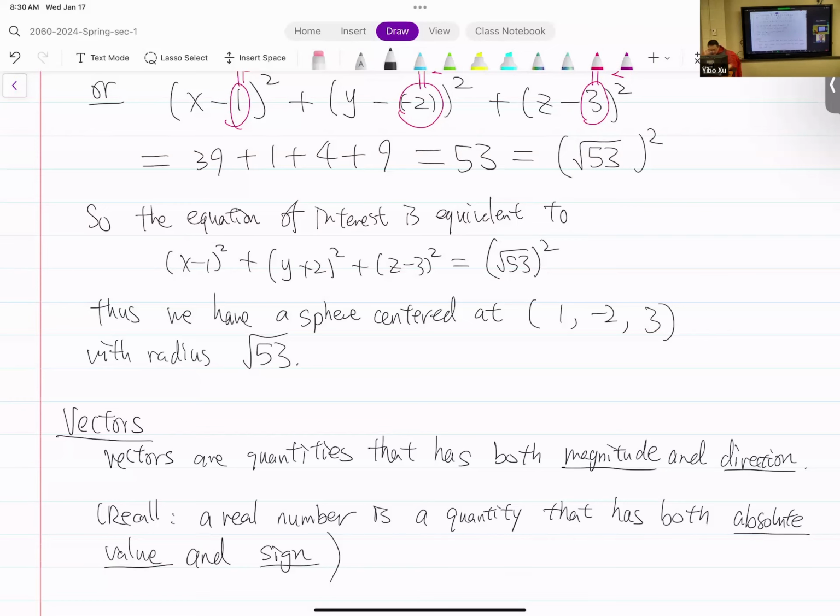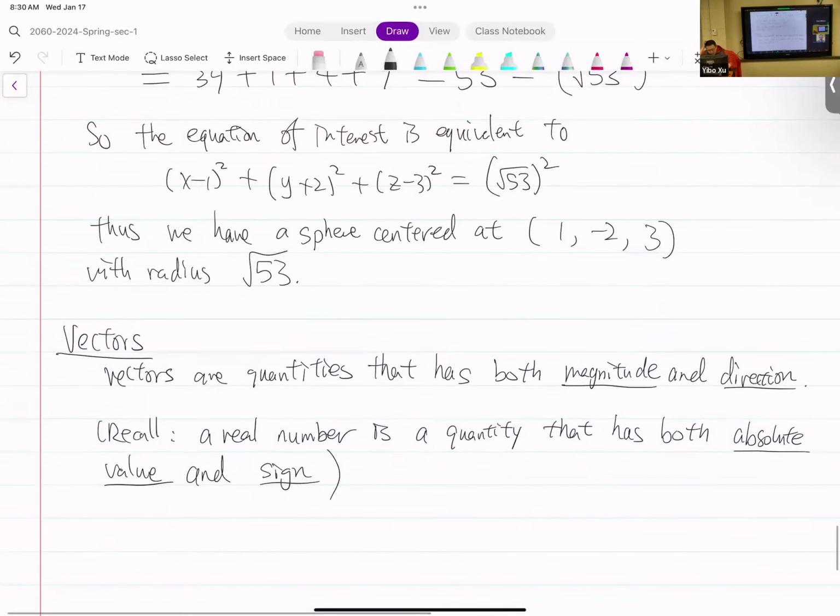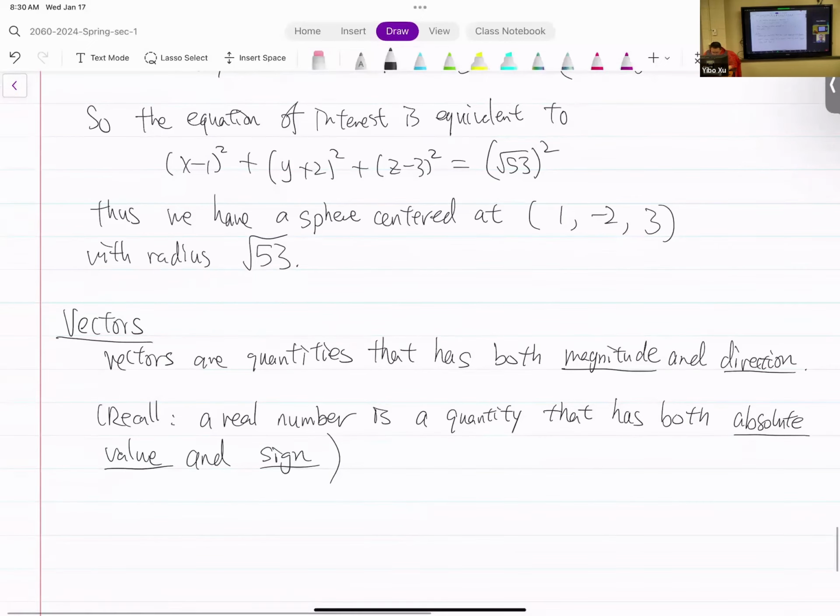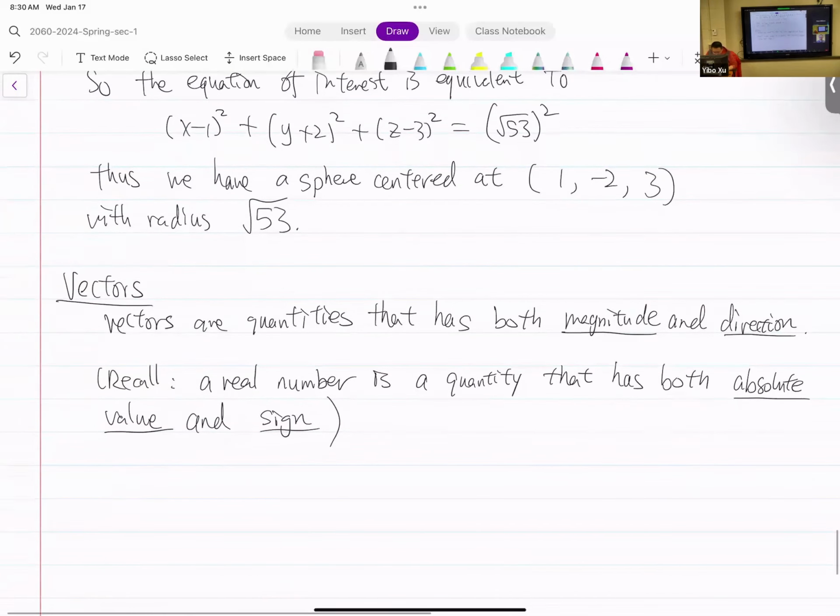Okay. So basically, you can think about a real number on the real line as a vector, as long as you take the distance from the real number to the origin to be the absolute value, and the plus or minus sign to be the direction. Okay. But now the vectors are a little bit more general.